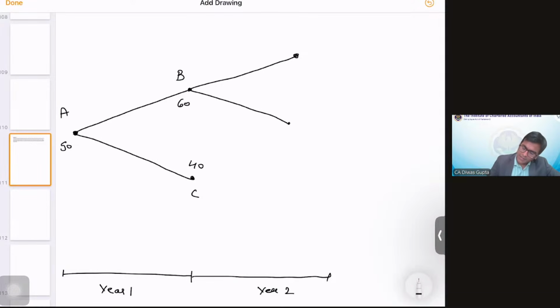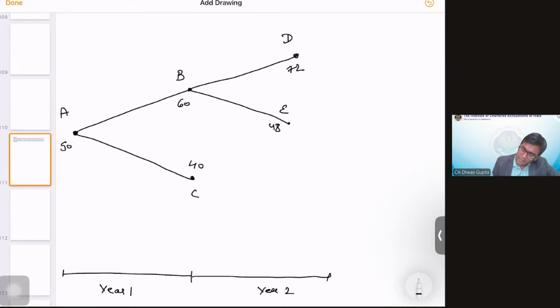A, B, C we have already given. Let's give this D as 72 rupees. Let's give this as E. Yes, Saminathan, you are correct, 48. And E will be 48.